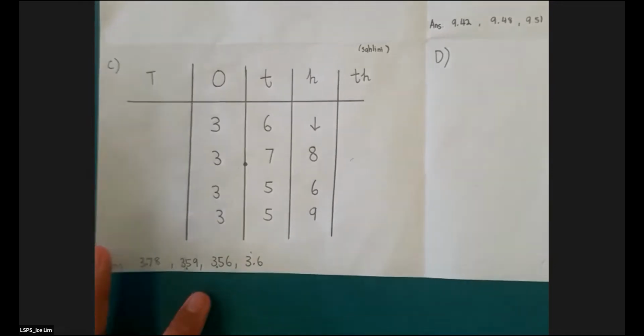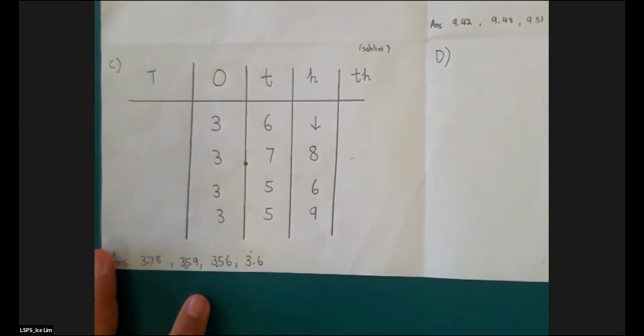So Shalini, where's the mistake? Guys, what place is the mistake? Which place did the mistake occur? At the 10th place, thank you. So at the 10th place, you realize that 3.78 was correctly identified as the biggest number, but you missed out 3.6 as the next bigger number.